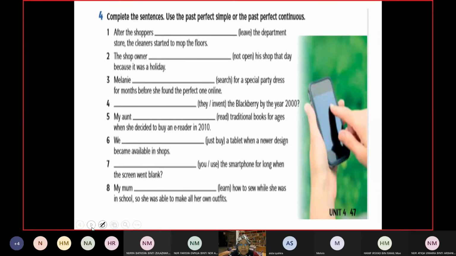Alright, but before that, you have to make sure you know past perfect simple tu plus past participle. Example, the word leave. What is past participle for leave? Aman? Left. Sorry. Yes, very good. Left. Alright, so this one later you do in your books.